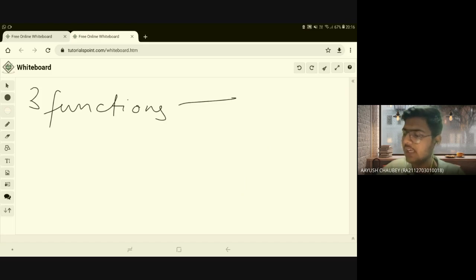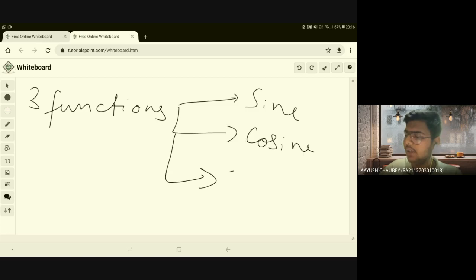So in trigonometry, we have three functions. These three functions are the sine function, cosine function, and tangent function.